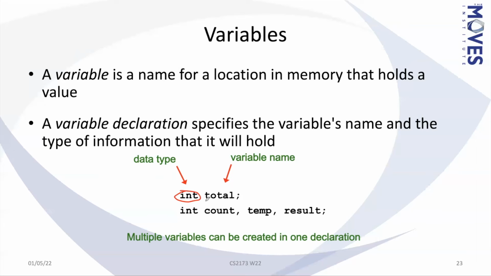So we define a variable by giving its type and then just a name. Again, that name has to follow the Java conventions and rules. The rule is it can contain letters, numbers, underscores, and $ signs, but it has to start with a letter.